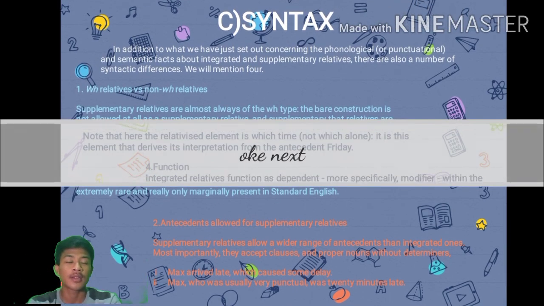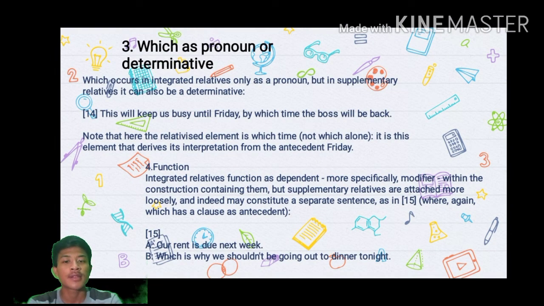Okay, next. The third is which as pronoun or determinative. Which appears in integrated relatives only as a pronoun, but in supplementary relatives it can also be a determinative.